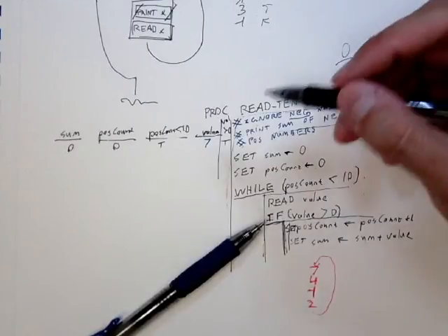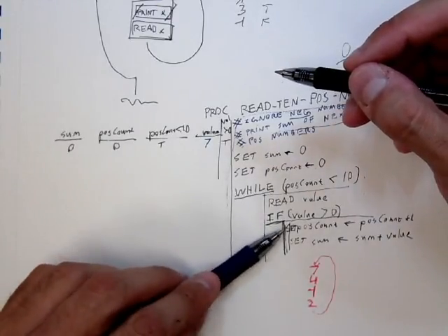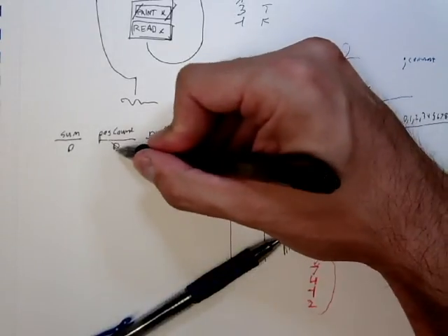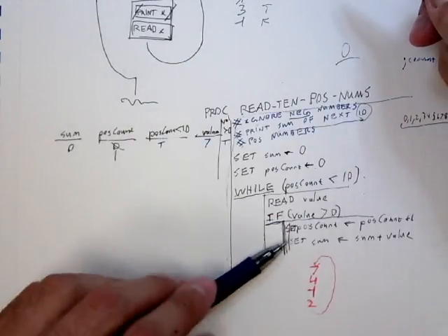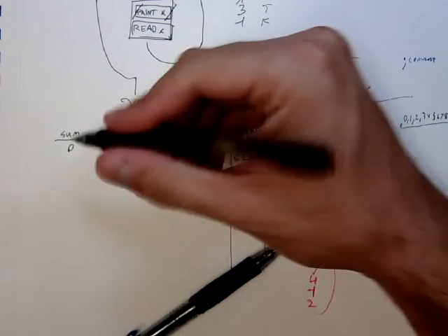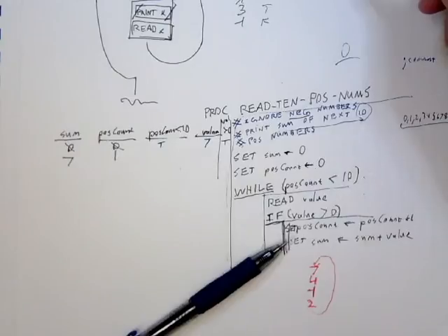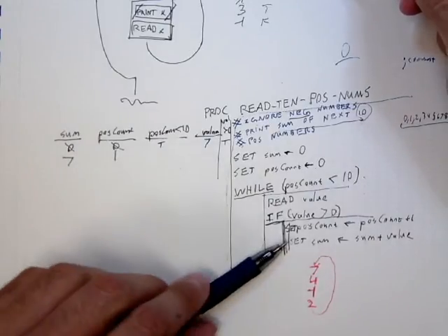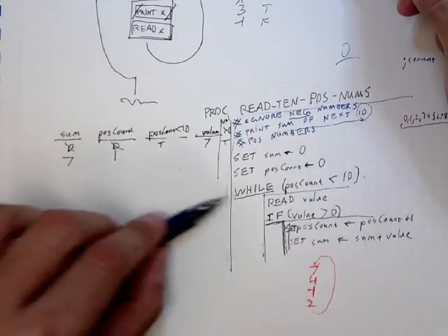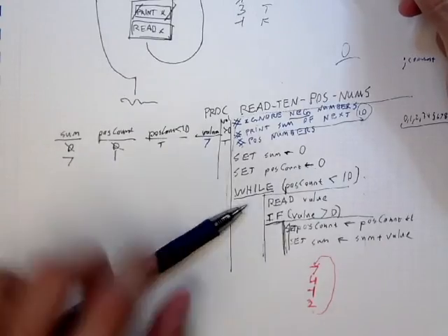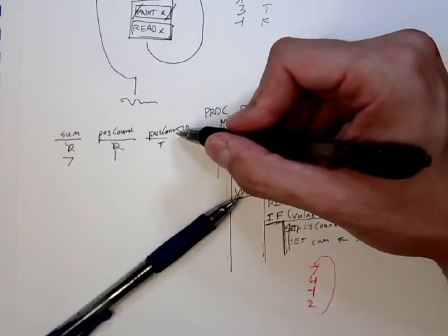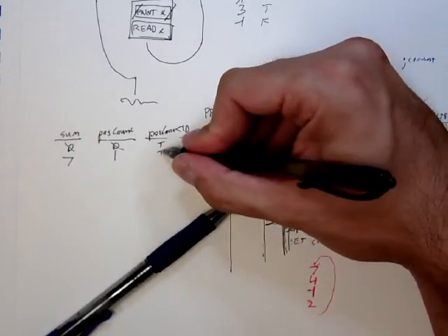So since it's true, we're going to go into this block, and we're going to set pos count equal to pos count plus 1, and then we're going to set sum equal to sum plus value. And we come out of that if, and there's nothing else in the loop, so we come back up to the top of the loop, and we make this comparison again. Is pos count less than 10? Pos count is 1, so that's true.